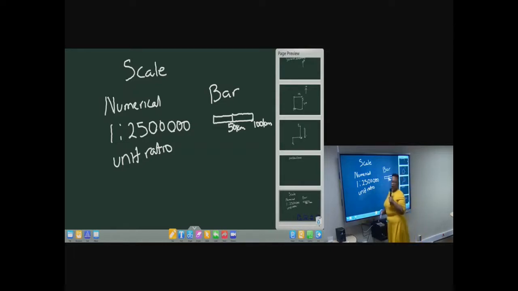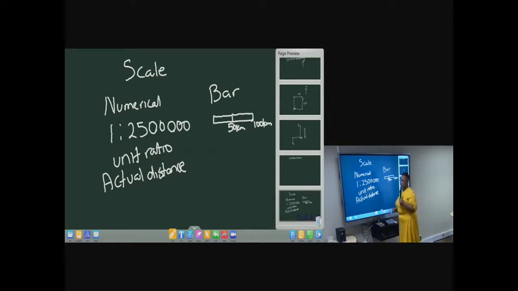Then, given a map, the question can be to calculate or give the actual distance between two towns. You are given this numerical scale. How do you calculate the actual distance?